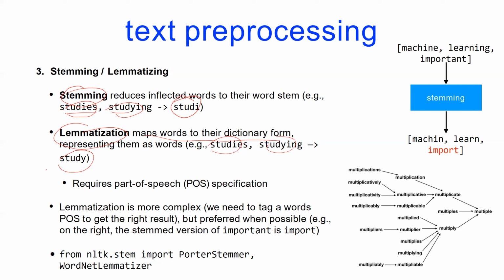So that requires a part-of-speech specification. Fortunately, our toolkit provides this specification if we want to use lemmatization. Lemmatization is more complex, and we need to specify a word to get things right, but it's preferred when possible.